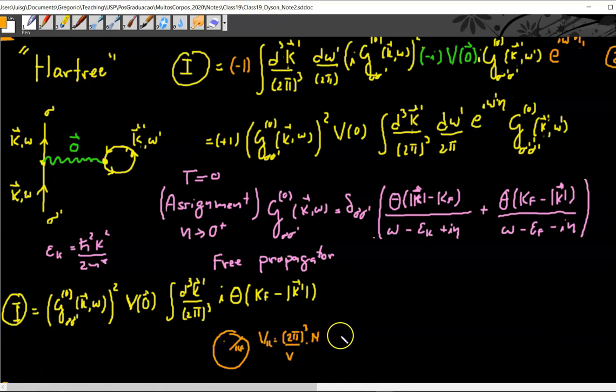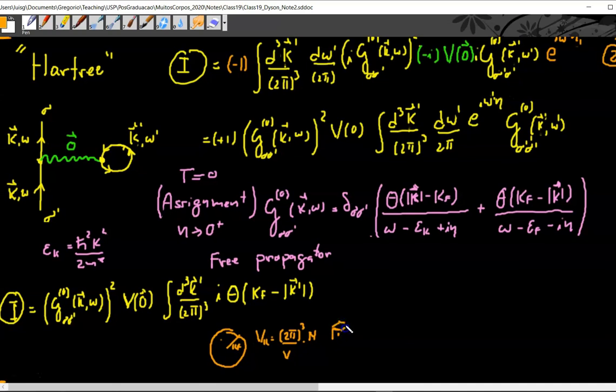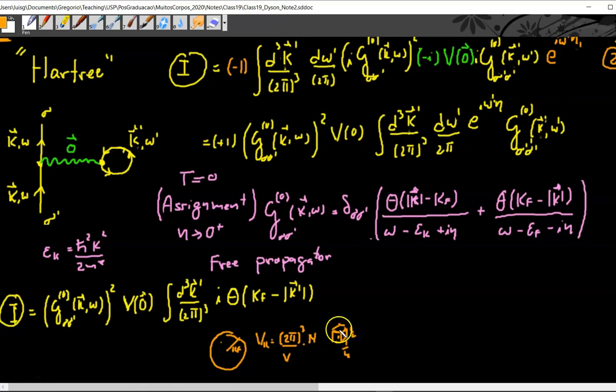There was this little cube in k space where you have 1 over Lx, 1 over Ly, 1 over Lz, and the volume of this little cube is 2 pi cubed divided by n over v.